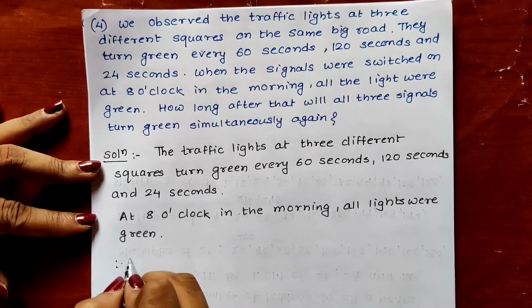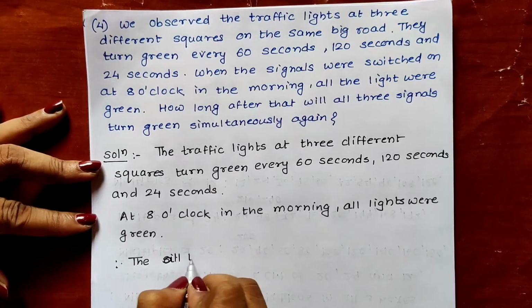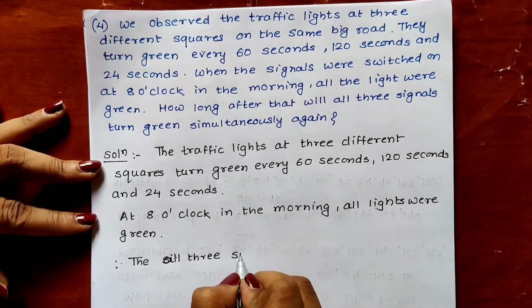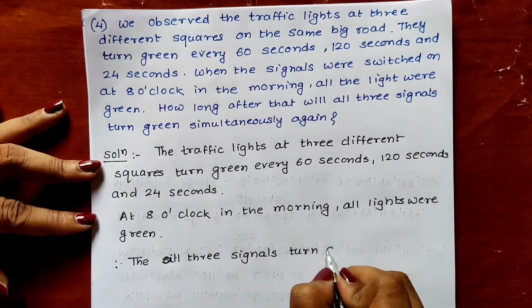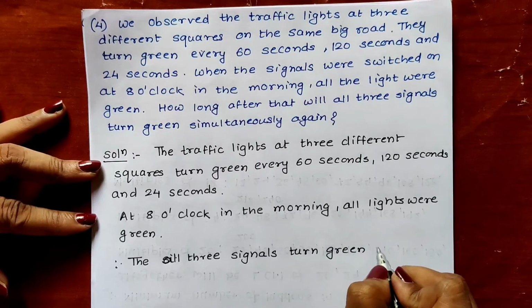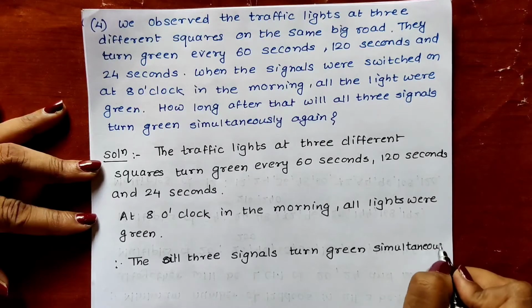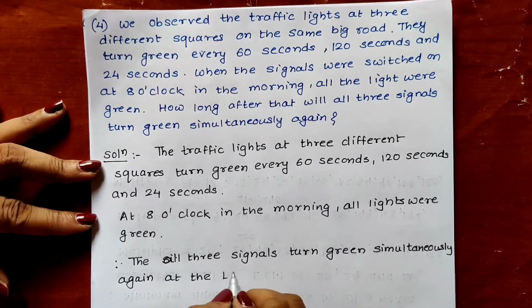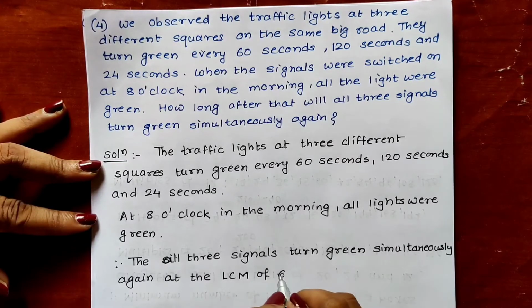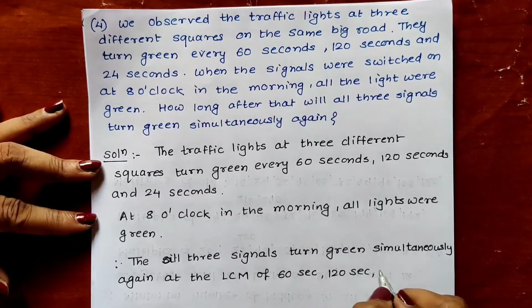That means all 3 signals turn green simultaneously again at the LCM of 60 seconds, 120 seconds and 24 seconds.